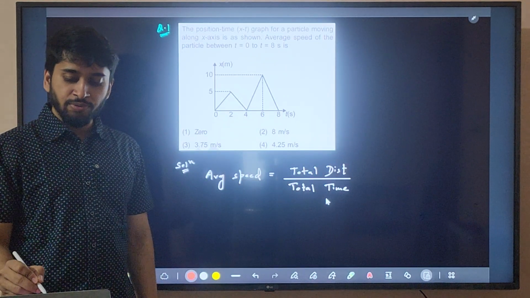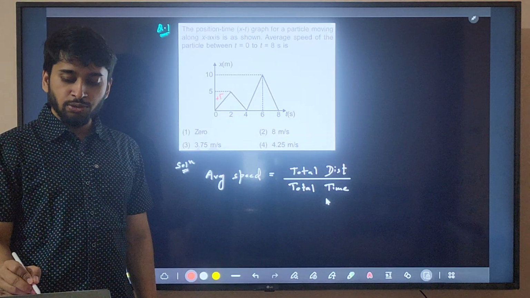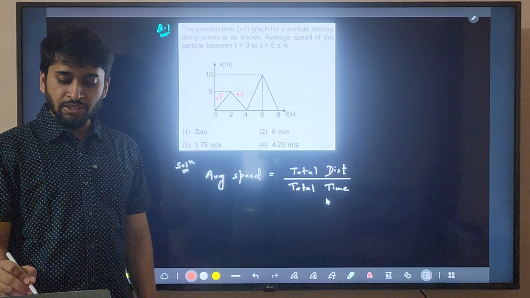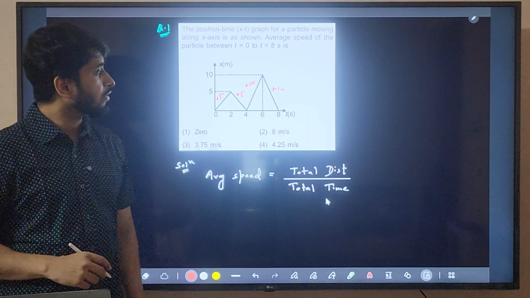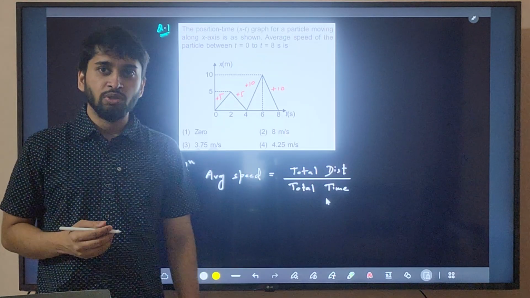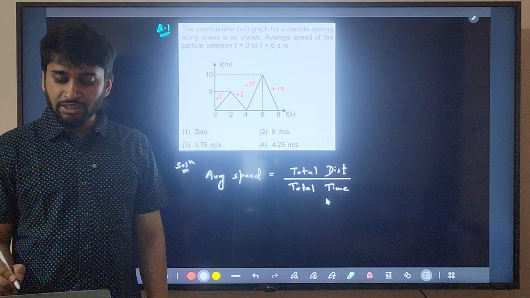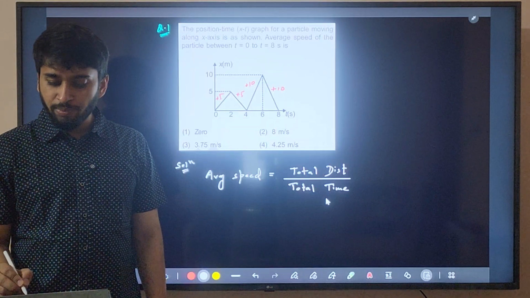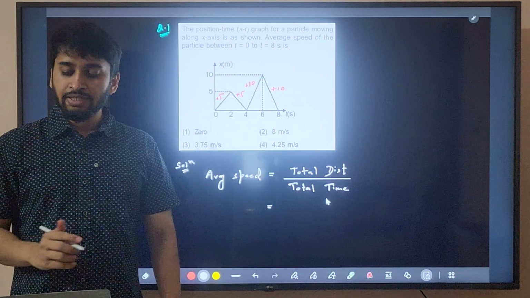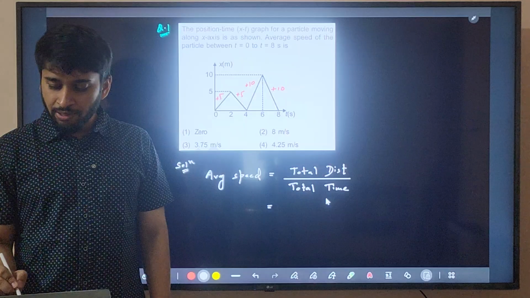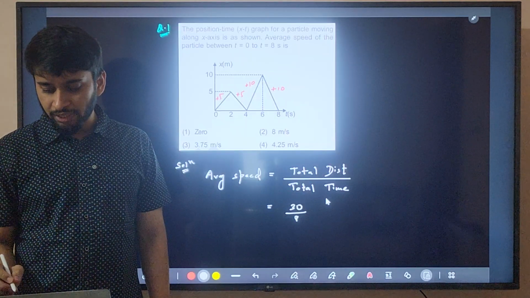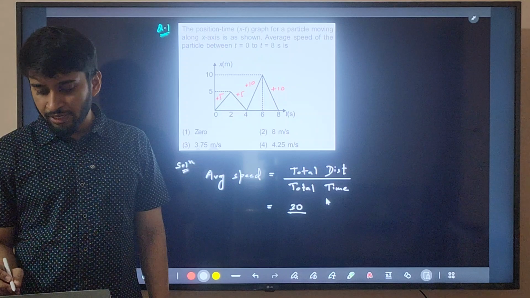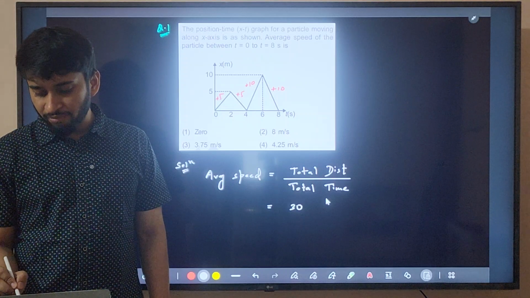Here 5, here also 5, here 10, and here another 10. So total distance traveled will become 5 plus 5 plus 10 plus 10, that is 30, divided by the total time, and total time here is 8, right? So 30 by 8 will become the average speed.